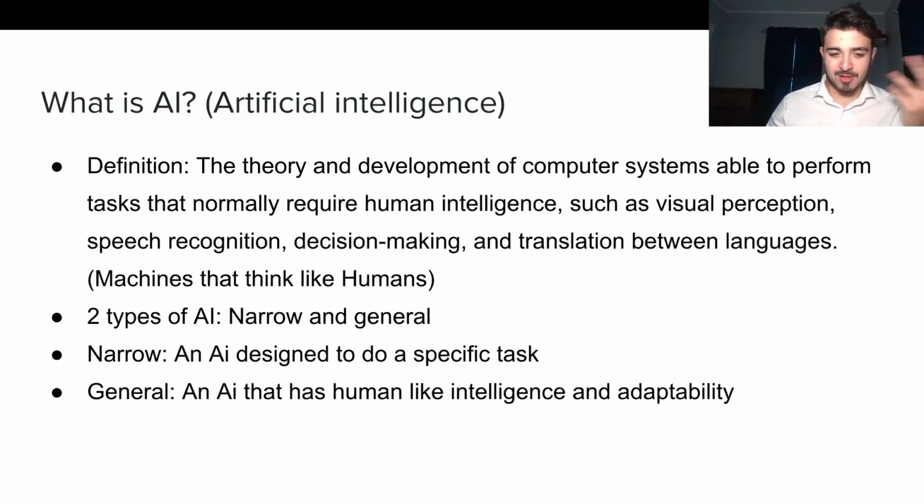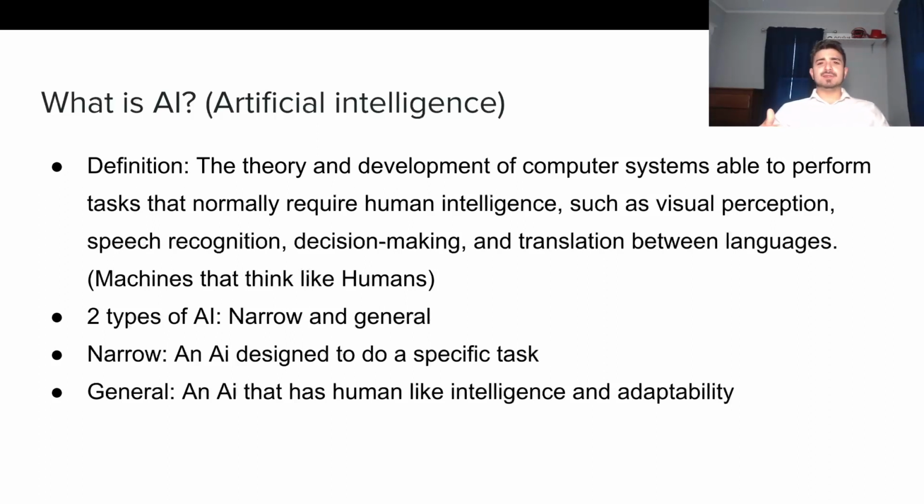And then a general AI is kind of like ChatGPT. It has human-like responses and intelligence, and it can adapt to the world around it. And that one's still in development. We're on ChatGPT 4, I believe, now.